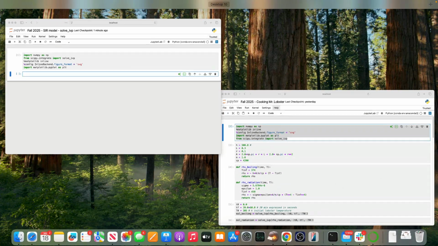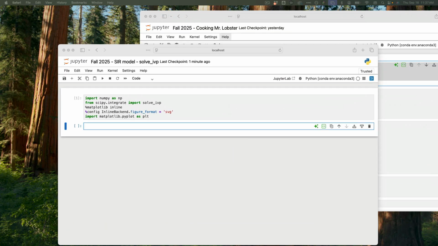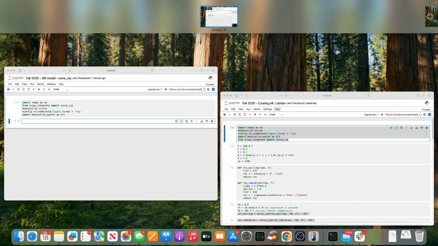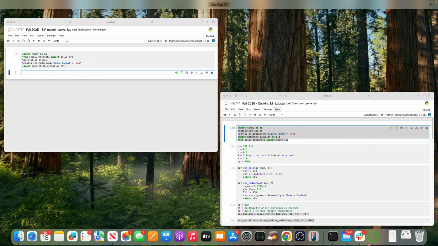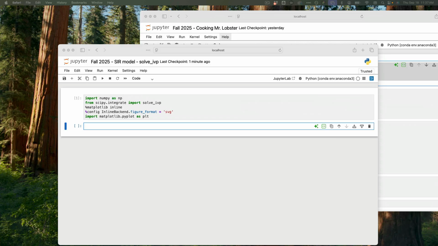Where is it? I can't find it. Okay, I'm going to try something here. Let me just quit it. Sorry. I should just drag it by hand.